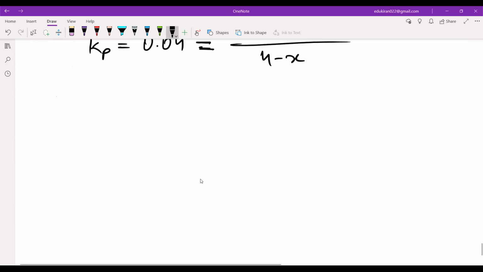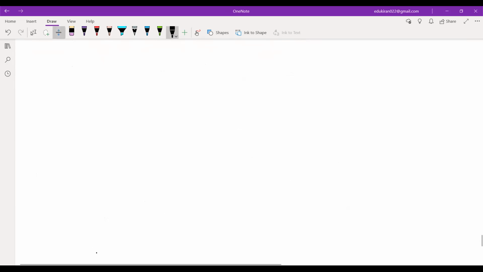So they have given a reaction: FeO solid plus carbon monoxide gas gives Fe solid plus CO2.